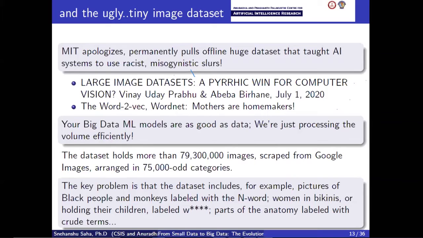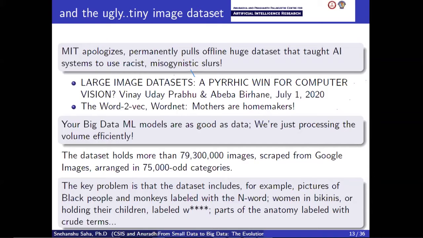They call it Tiny Images, but it's really an extremely large data set of images. Well, it turned out that monkeys, while training, were also trained with the same label. So you are labeling black people with the N word, and you're also labeling monkeys with the N word.